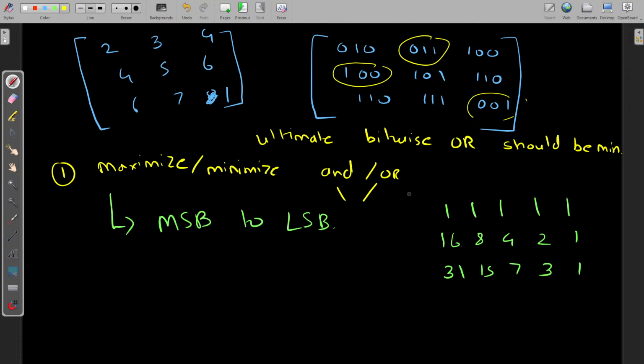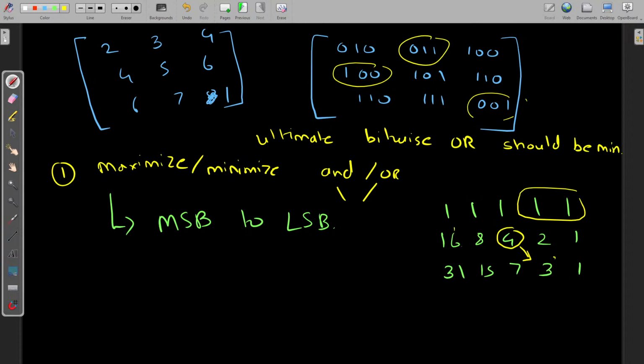One important thing to notice here is if you check the value at position, let's say 3, you can always see the sum of the bits behind 3 is always smaller. The sum from bit 0 and bit 1 is 3, while the value of bit 2 is 4. So it's always greater.